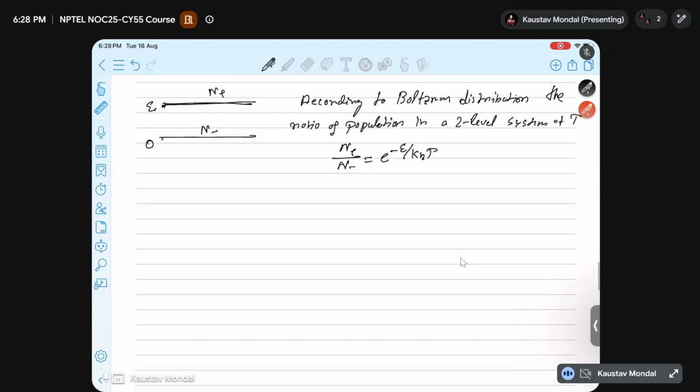The E is basically delta E, that is the difference in energy. Here delta E is equal to E minus 0, that is E.